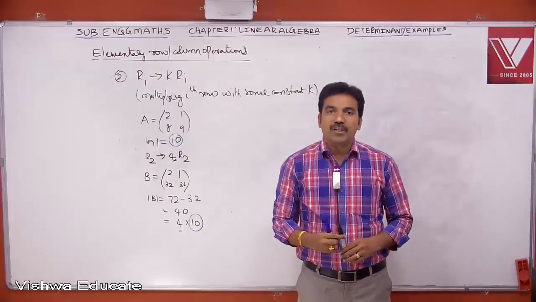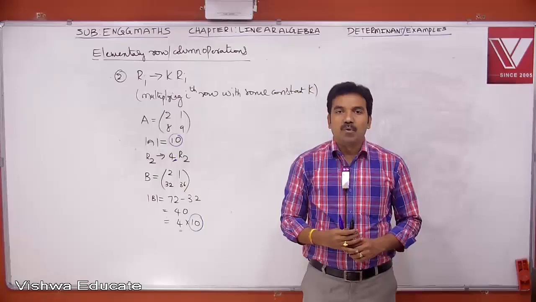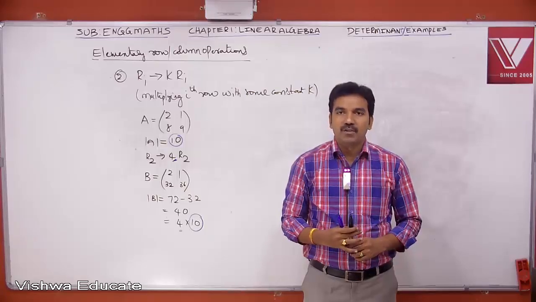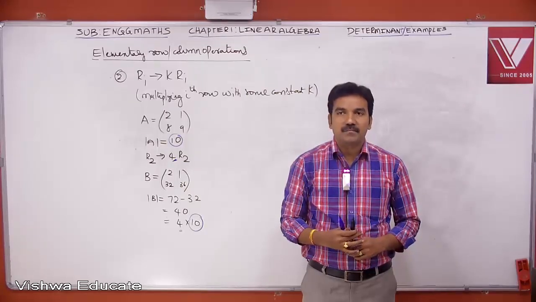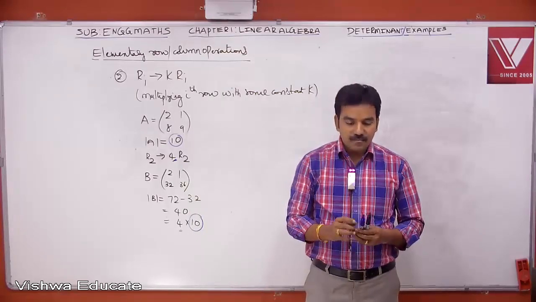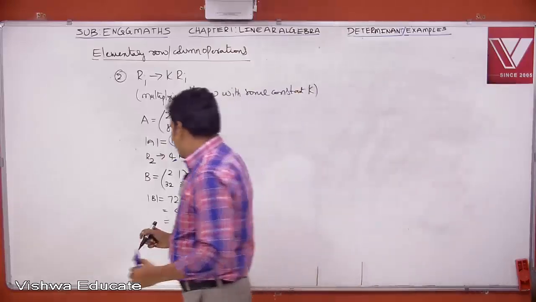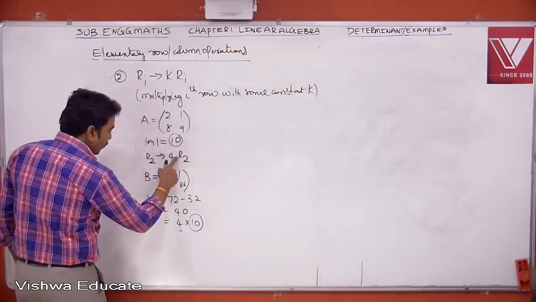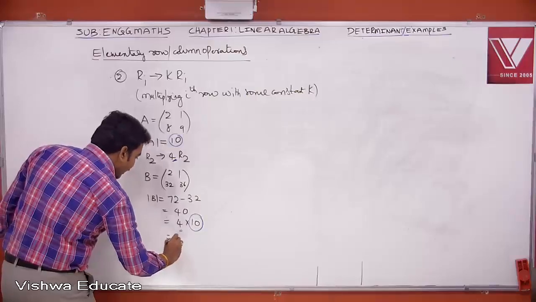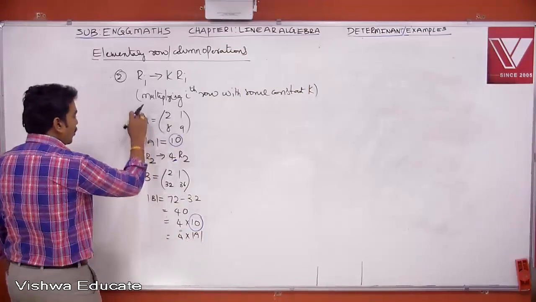The above operation changes the determinant value by k times. So basically, this 4 is nothing but this constant, and this 10 is this. So here we can write it as 4 into this 10, which I can write as the determinant of A. Note down this example.